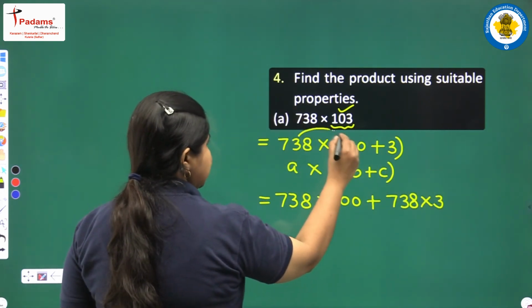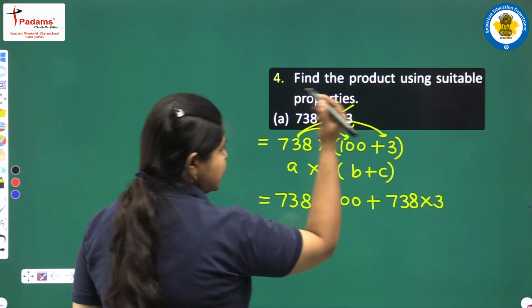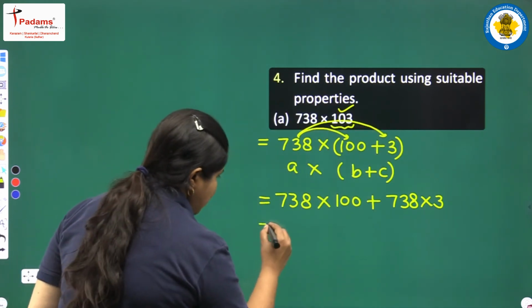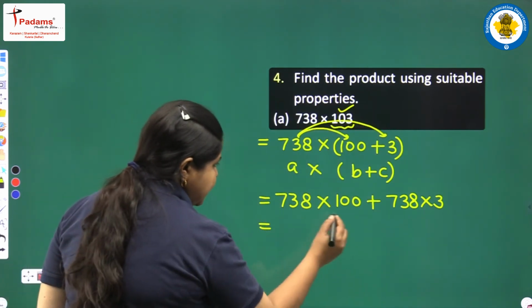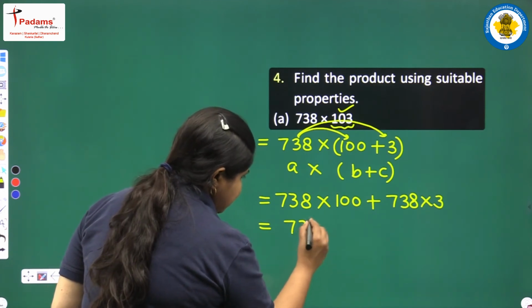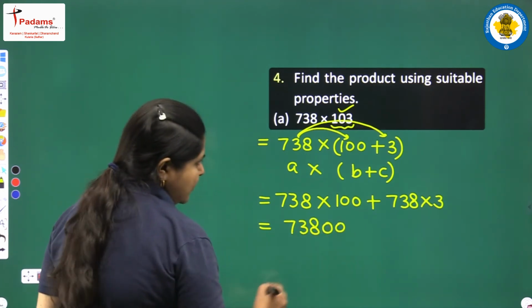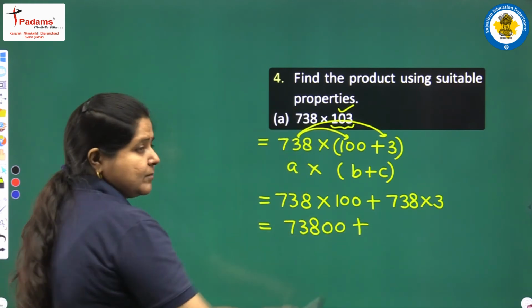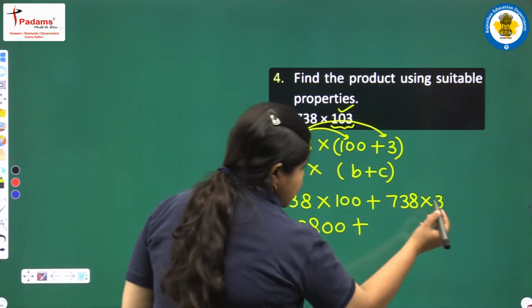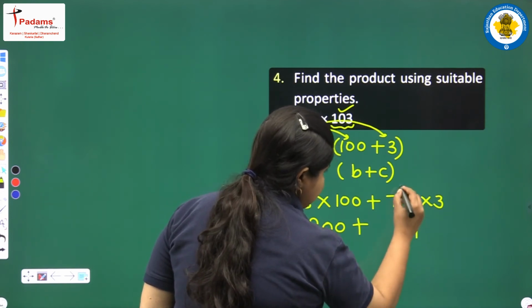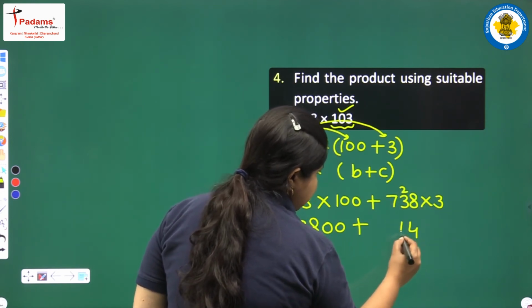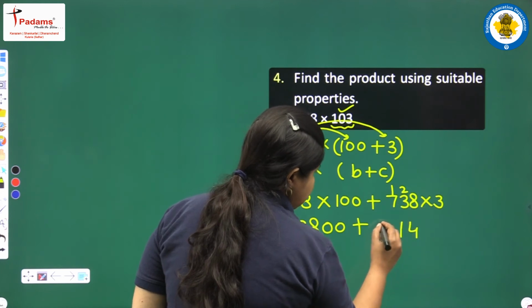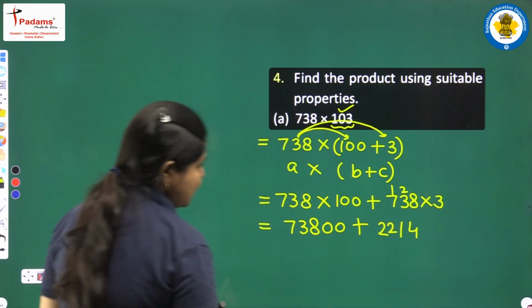We have distributed it to 100 and then to 3. This is the distributive property. Now multiply the two, you can easily see it will be 73800, and multiplied by 3, it's again easy because multiplication by a single digit here. 3 8s are 24, 2 carried, 3 3s are 9 and 2 11, 1 carried, 21 and 1 it's 22.